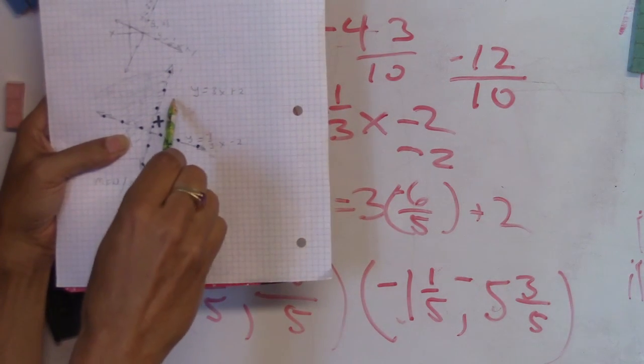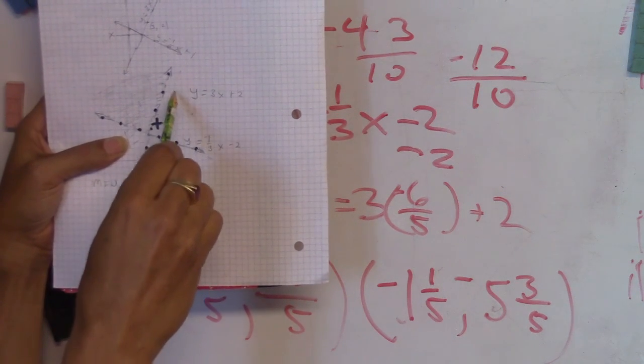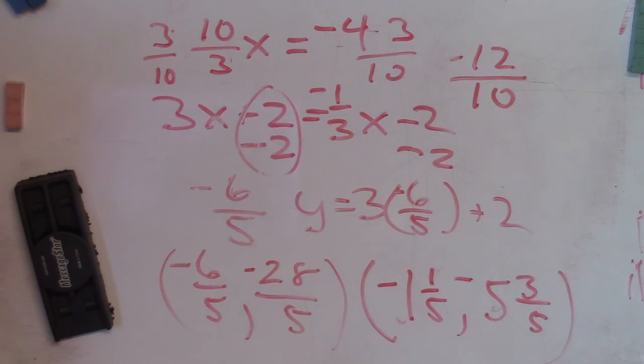So if the fly is over here, I can describe it as being over 3 and up 5. That's why we call them Cartesian coordinates, from René Descartes.